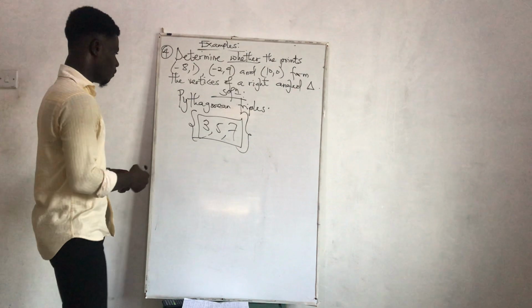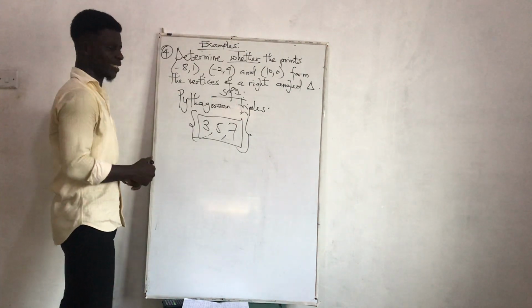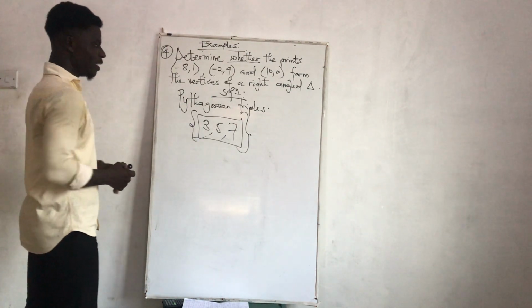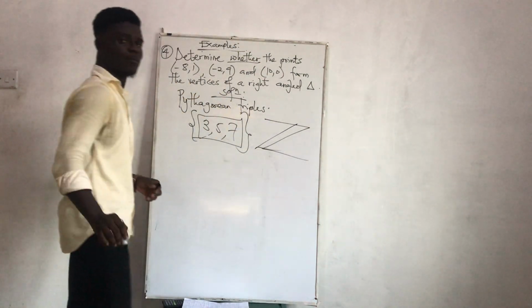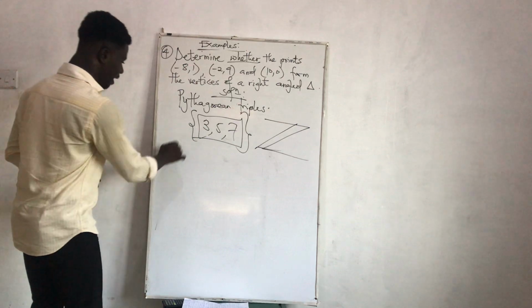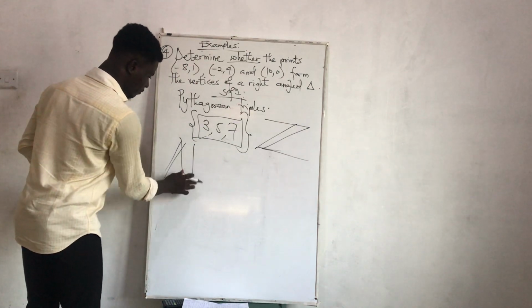So now, if you have 3 integers as in this, 3, 5, and 7, and you know what an integer is? An integer has the symbol Z. So an integer is that.